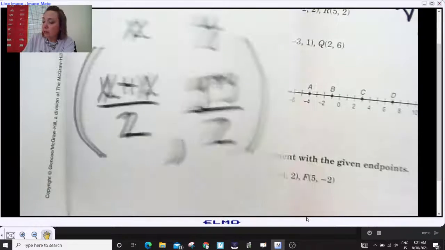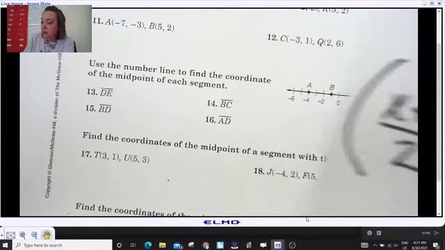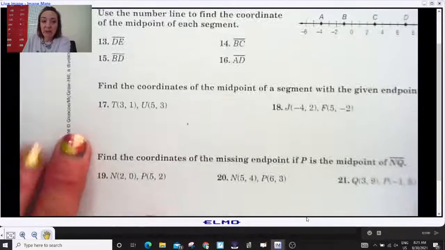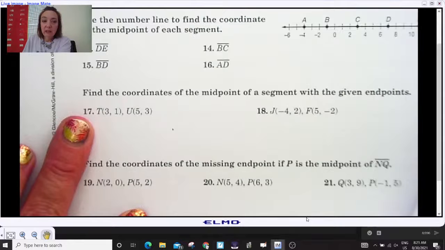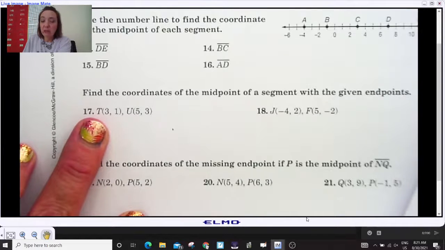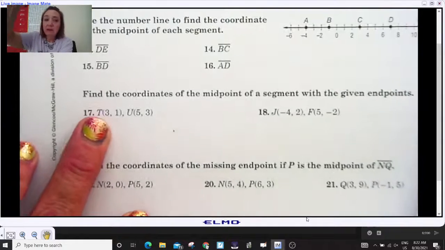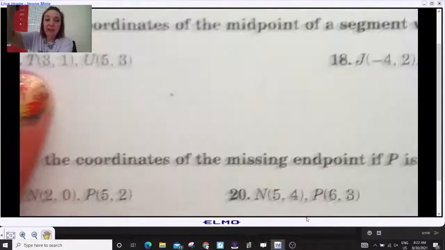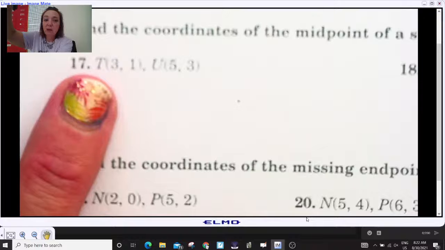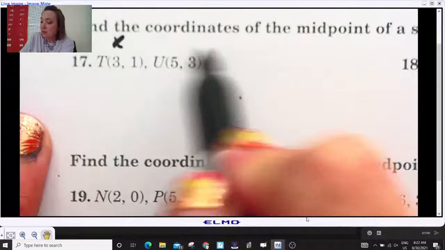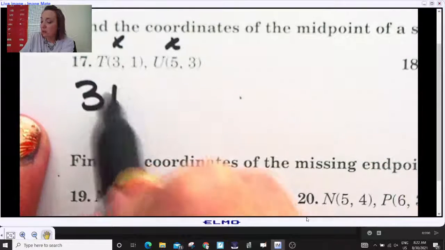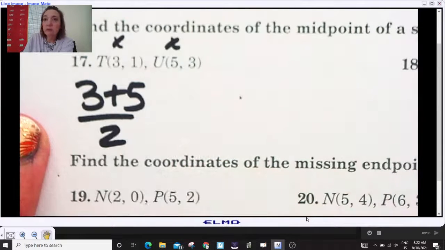So if we look at number 17 down here, right? It says we're given the endpoints and we want to find the midpoint. Well, we're going to take this X and this X and add them together and divide by 2.